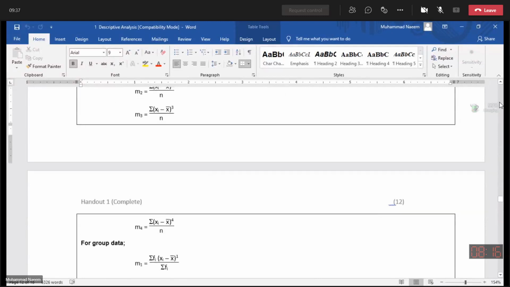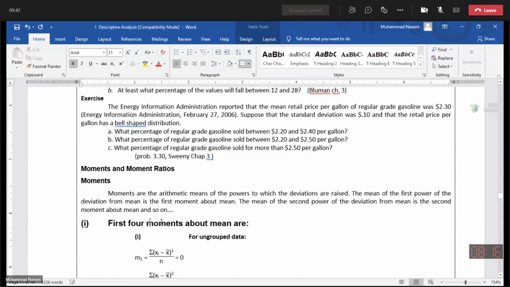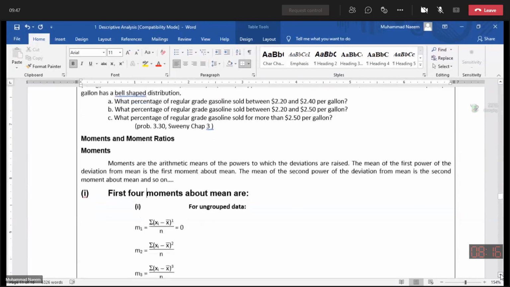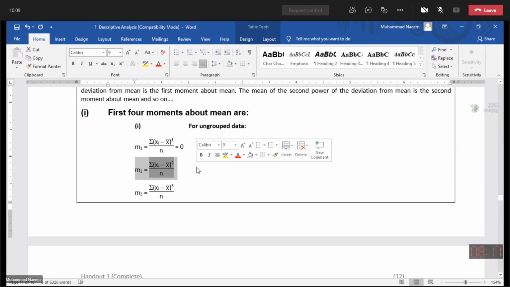What we do in these moments, we find the average of the certain powers of the deviations, as this one showing exactly the definition of the variance.